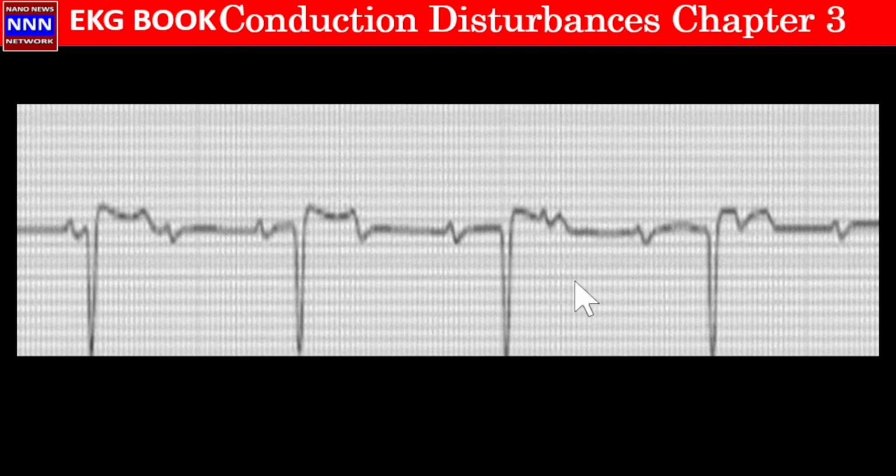This suggests to me that we have atria working independently of the ventricles, which are going at a much slower rate. So this is an example of a complete heart block with escape idioventricular rhythm.